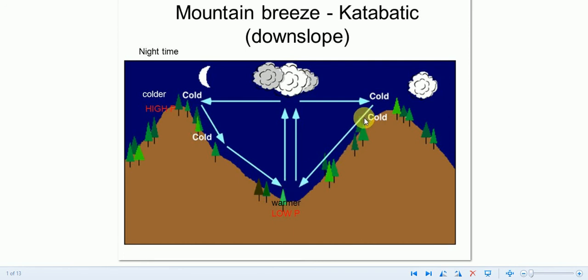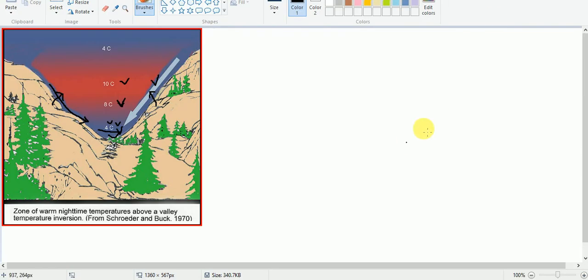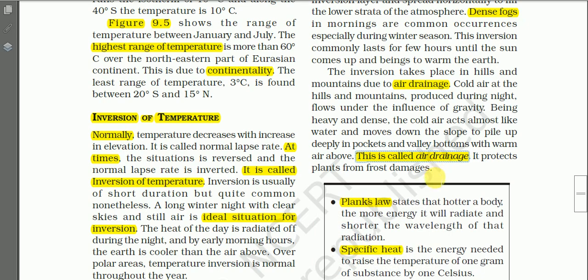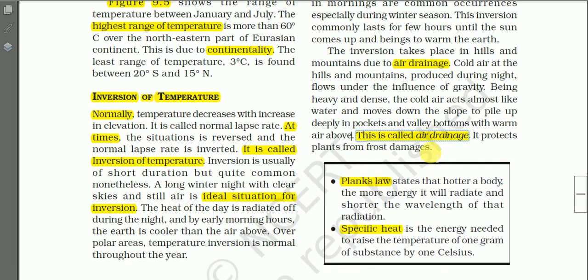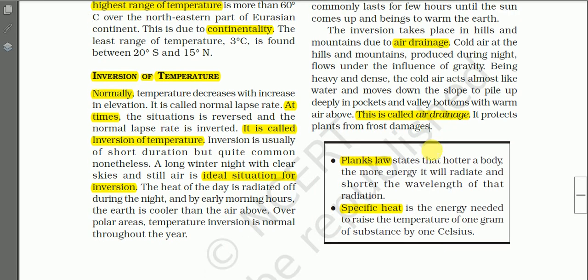When cold air is blowing down the slope, we call it mountain breeze or katabatic wind. And because of this, there will be temperature inversion in the valley area, in the low-lying area.